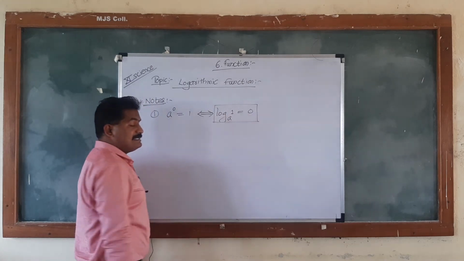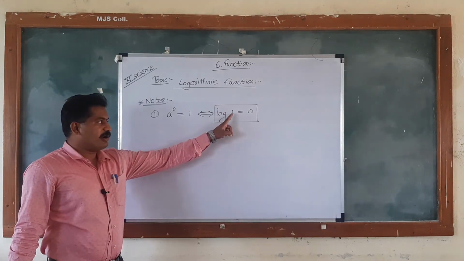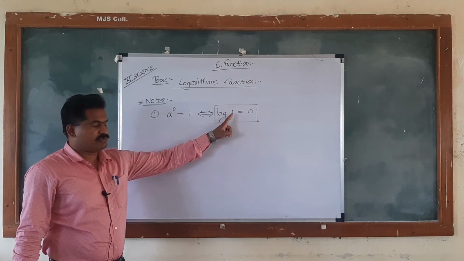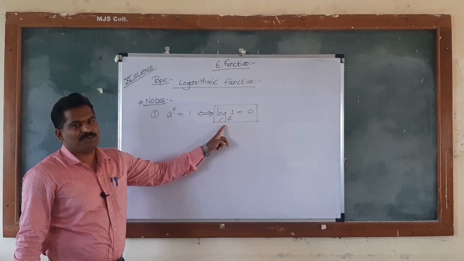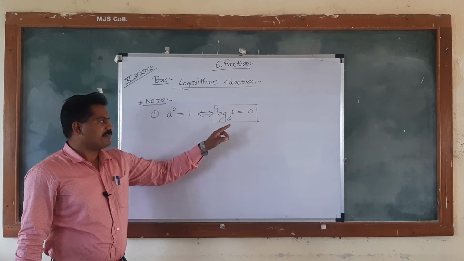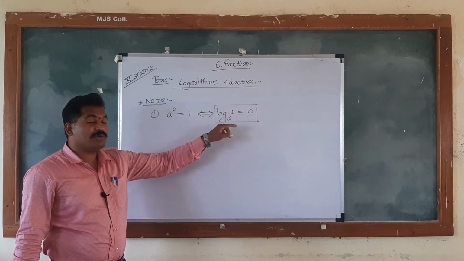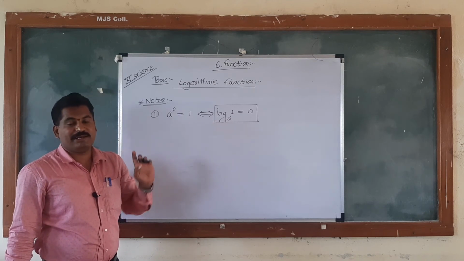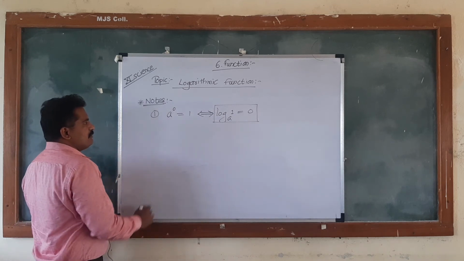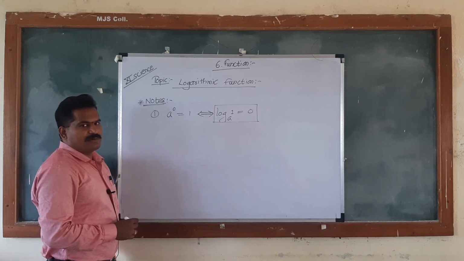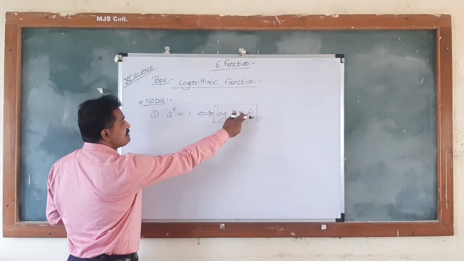This note states that the logarithm of 1 to any base is 0, because the definition of logarithm states that if a raised to x is equal to m, then log of m to the base a is equal to x.